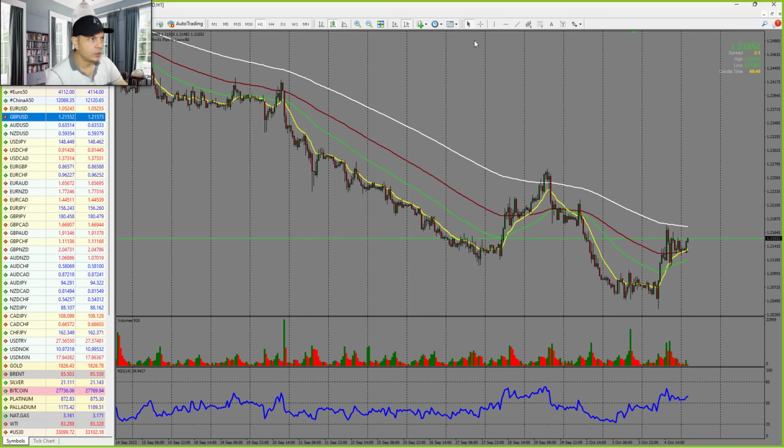In the British pound, we have a move of around 85 pips. So 70 pips is a big chunk of the move, and that's what we're looking for, and that's what I usually focus on.